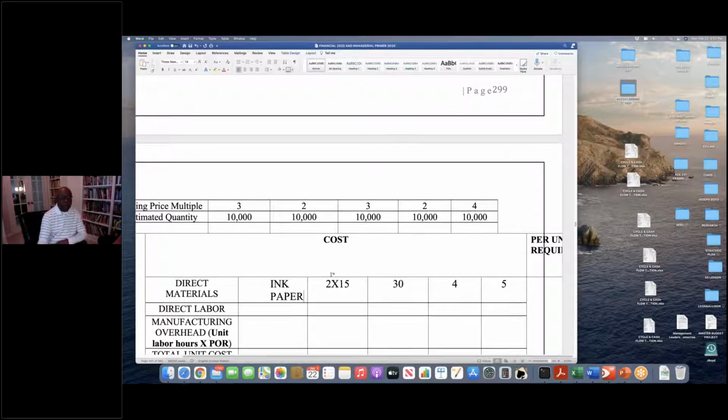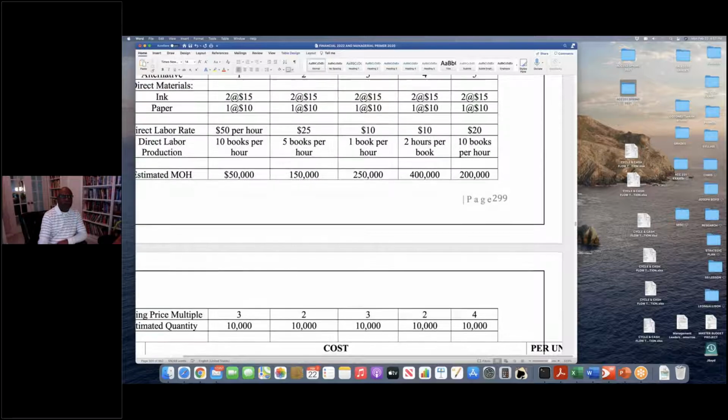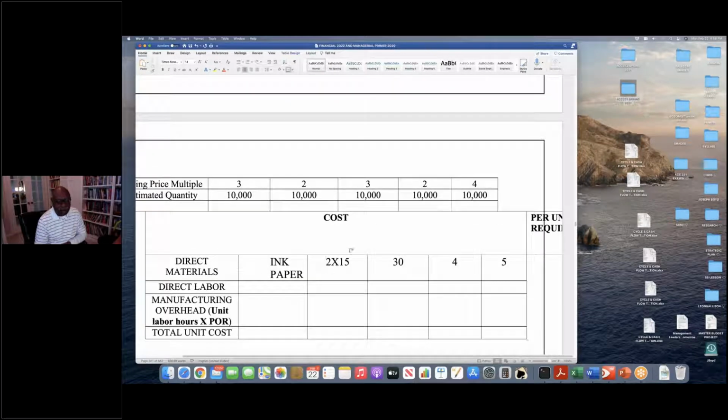How much is the paper? 1 times 10, which is 10. So the paper is 10. So we've got two of the costs down. Let me take these out, which will equal 40. So direct materials is 40.